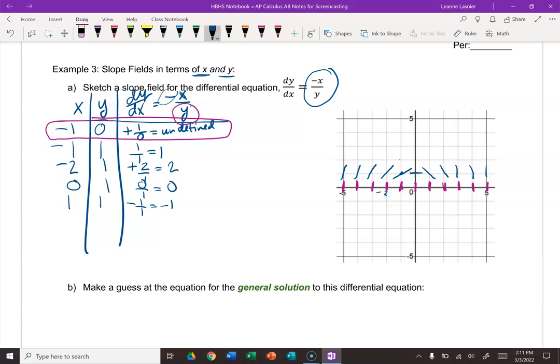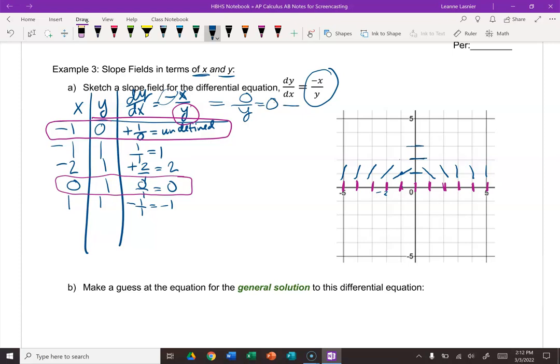Okay, and then when I go up to where y is 2, for example, another thing I'm noticing is that if x is 0, for all the places where x is 0, my slope would be 0 over y, which is 0, which is a horizontal tangent line.